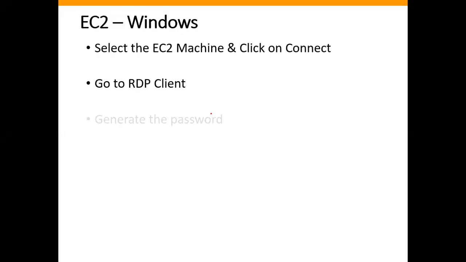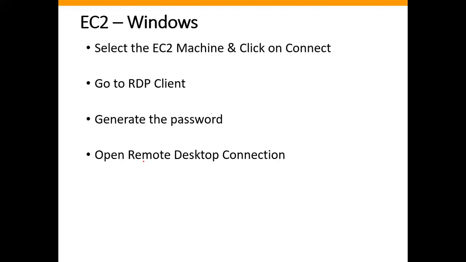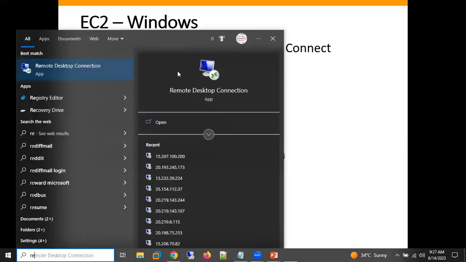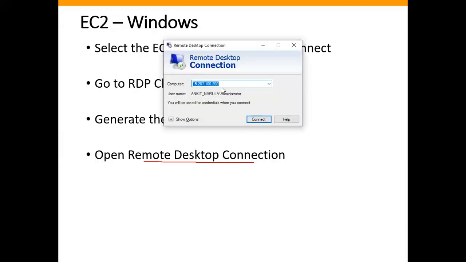Now I need to open remote desktop connection. In your Windows machine, this software is installed by default. I searched just RE, and here I am able to see remote desktop. The first thing you see here is computer.